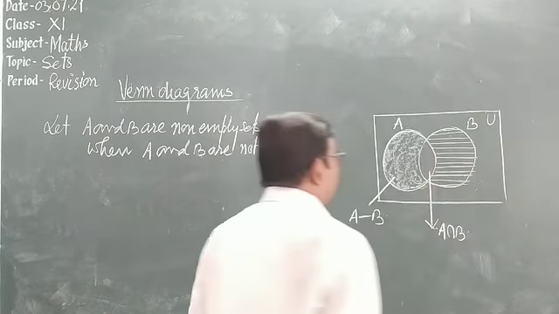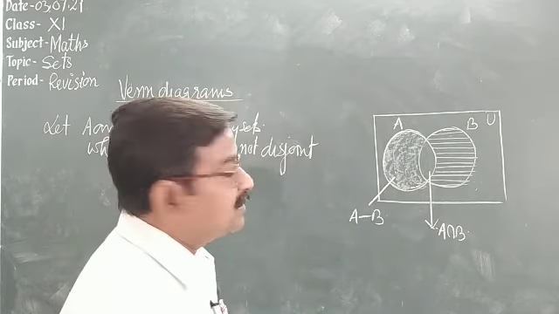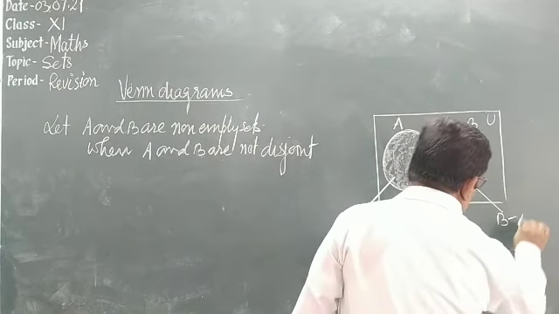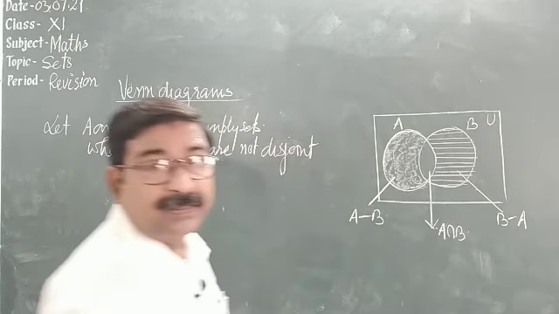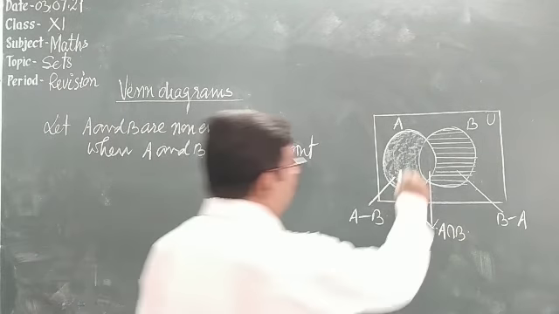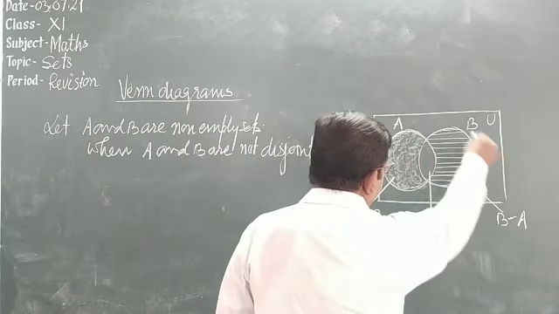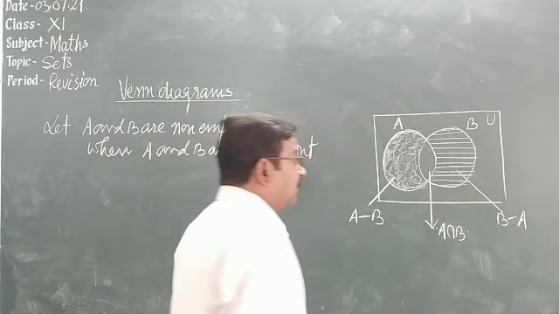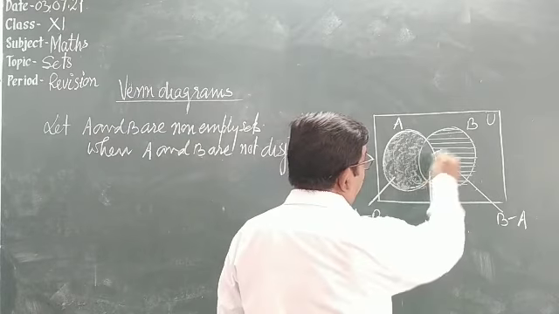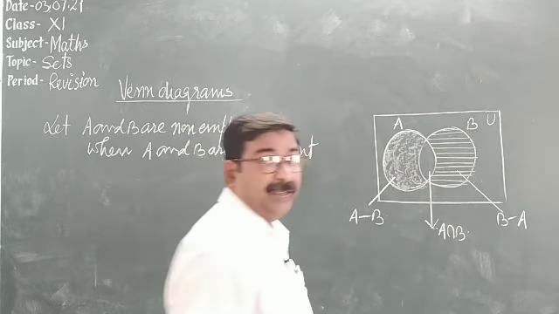This one is the elements of B which are not found in A, B minus A. Now what is the complete figure called? This is A union B.